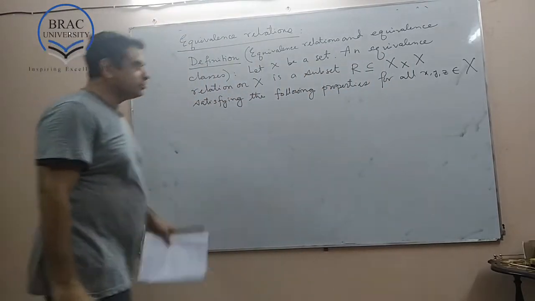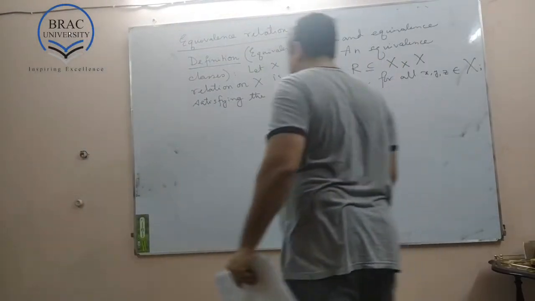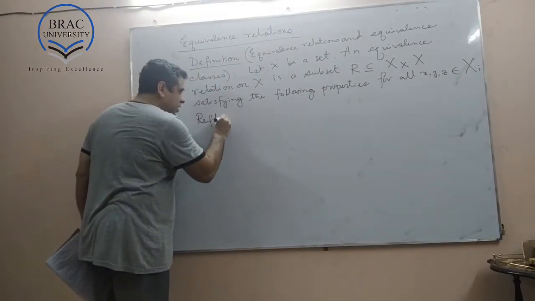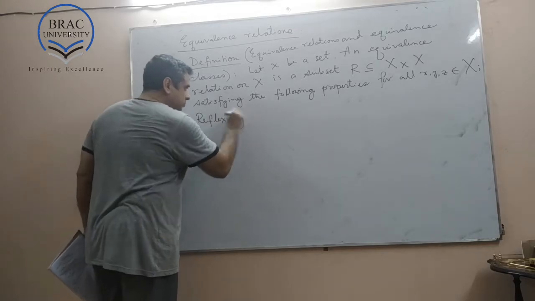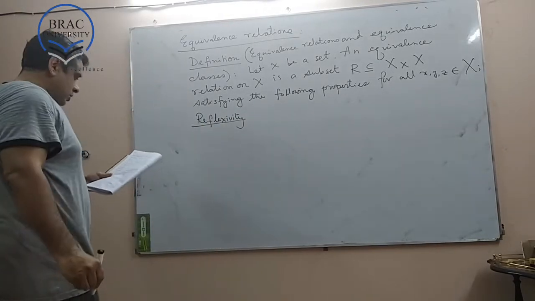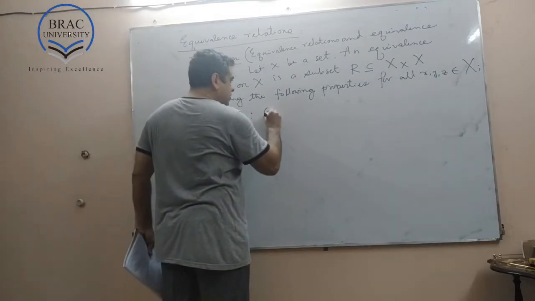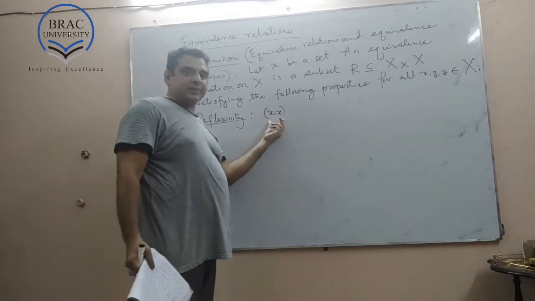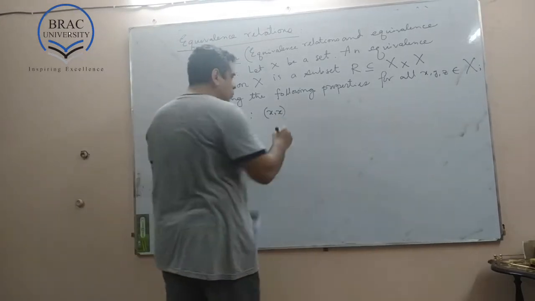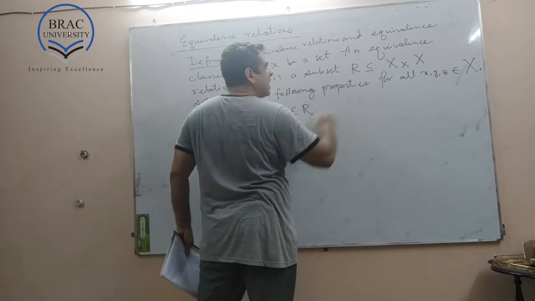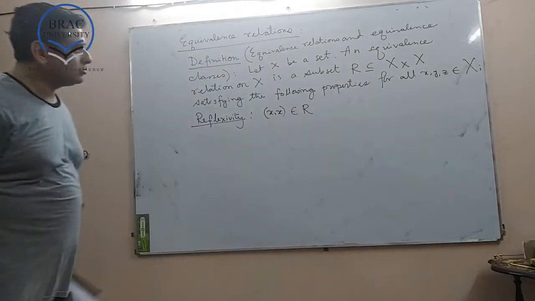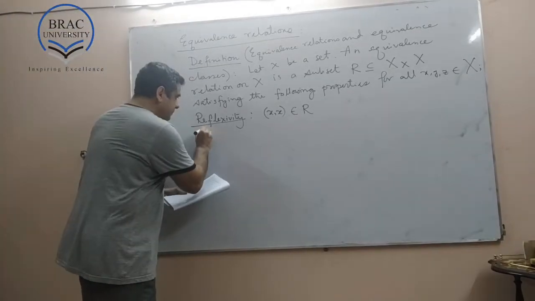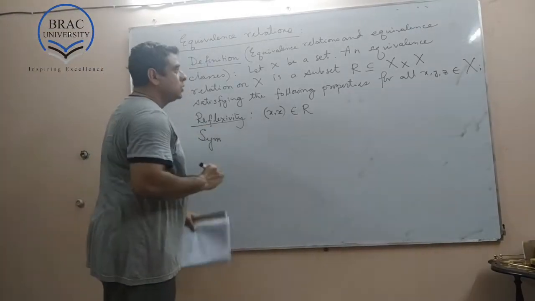Okay? So what's the first property? The first property is called reflexivity. It tells you that all ordered pairs like (x, x) should always be in R. Symmetry, the next property.